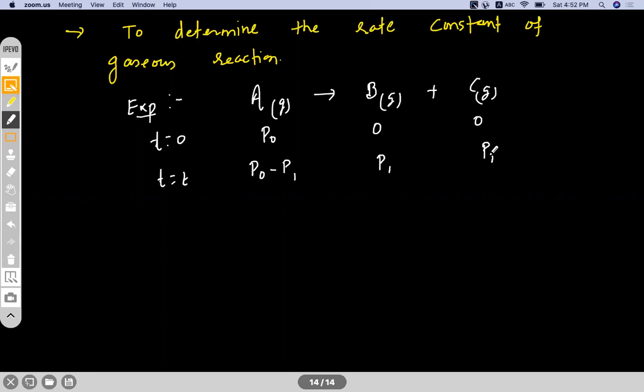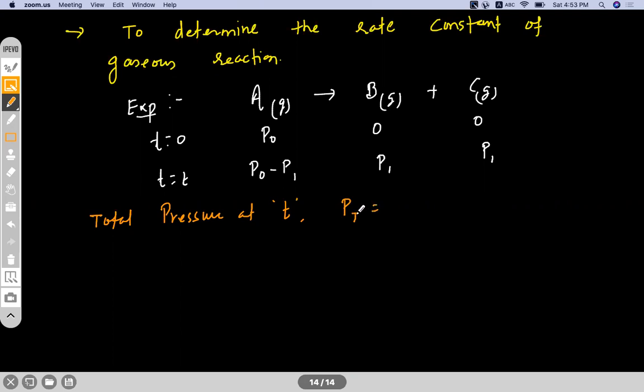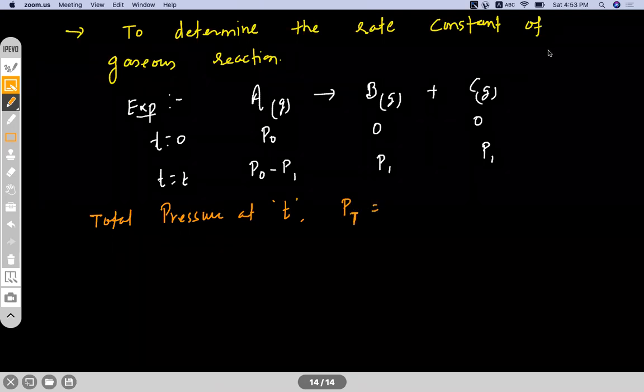Here, if I ask you, what is the total pressure at time t? The total pressure at t is Pt, and Pt is equal to whatever gaseous molecules are there. Try to understand this carefully.